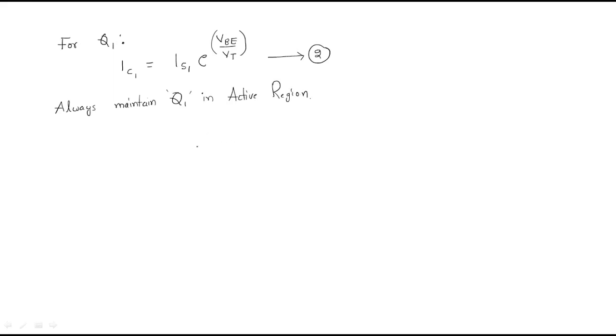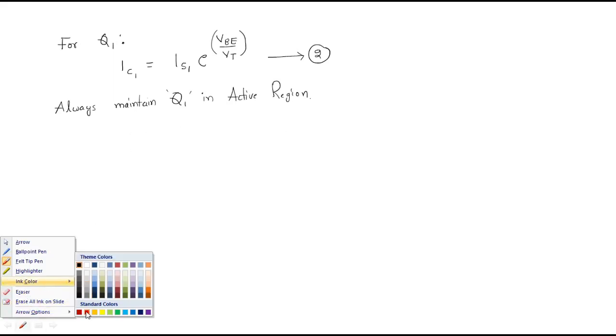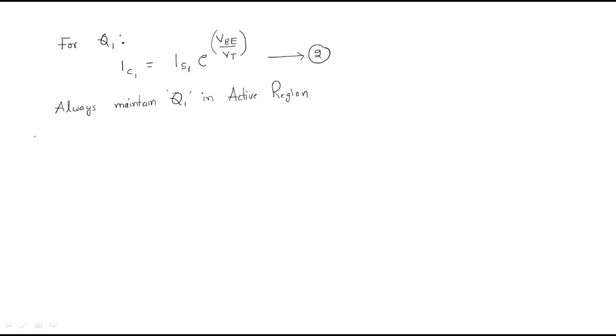So we are getting two equations. We will write some statements here. The first statement is for Q reference, that means the reference transistor, and the second is for the Q1 transistor.